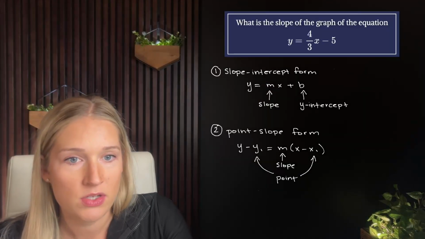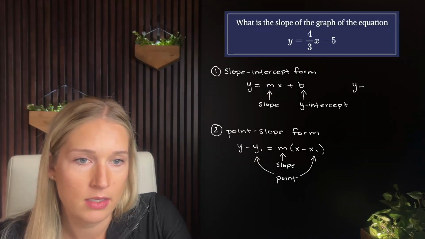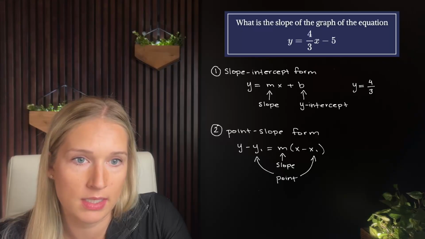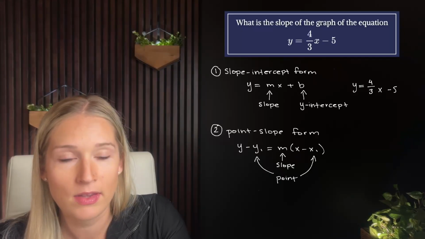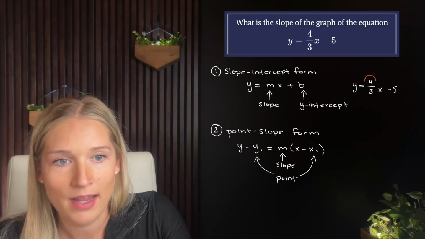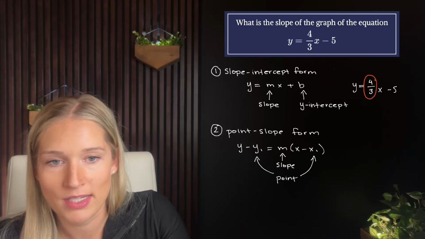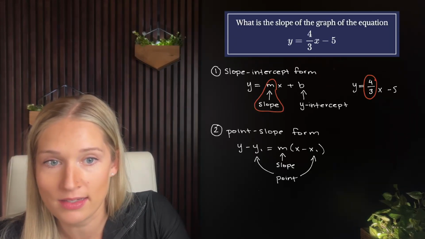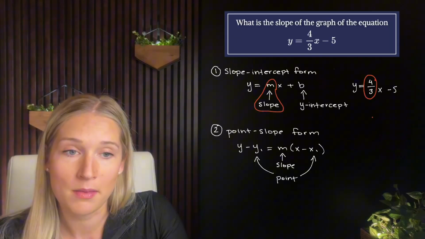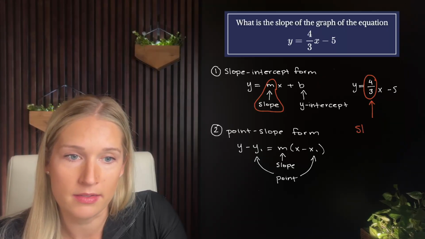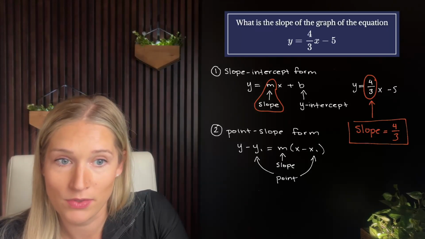So looking at the equation that I have here, y equals 4/3 times x minus 5. So the coefficient on x is that 4/3, and here the coefficient on x is my slope, meaning that my slope is 4/3. And that's all we need to do for this one.